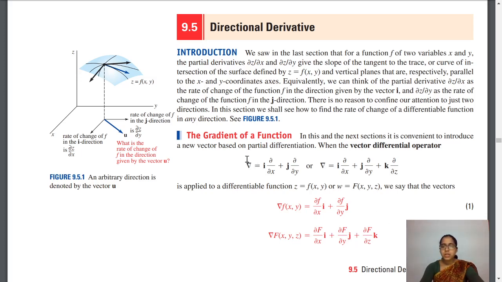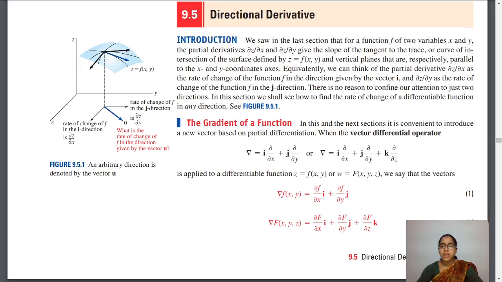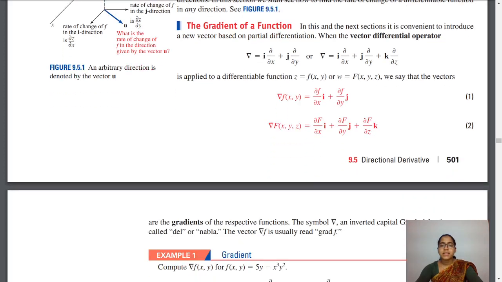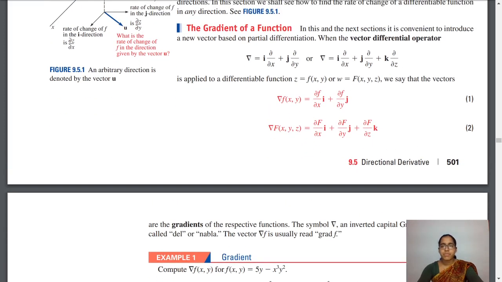Actually this is not a del, it is an inverted del, a Greek symbol, and together with f of x, y we call it the gradient, pronounced as grad f.